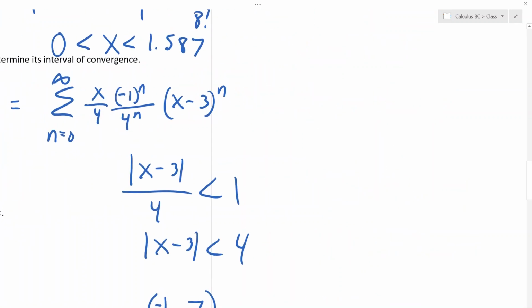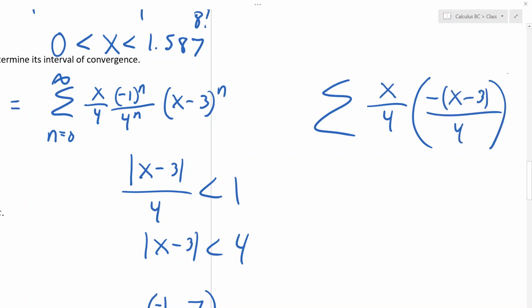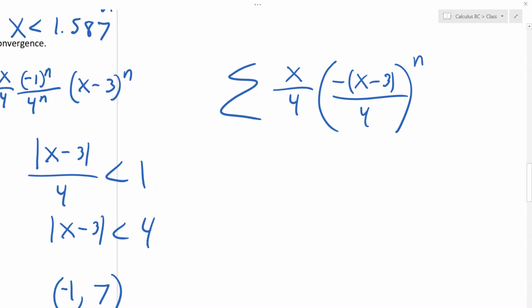Look, this is really this. It looks way more complicated than it is. So it's really x over 4 times negative x minus 3 over 4 to the n, right? That's really what we're working with. So if you said check x equals 7, when you drop a 7 into there, you get negative 1 to the n, basically, right?